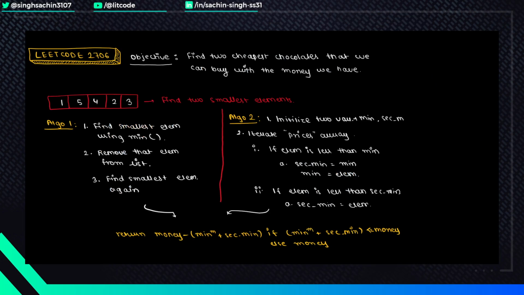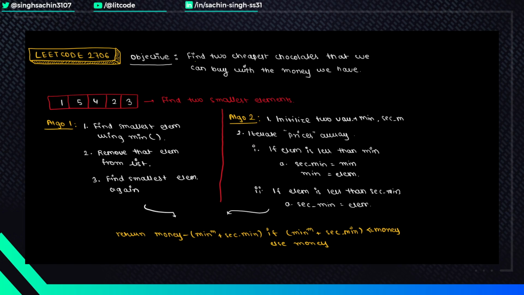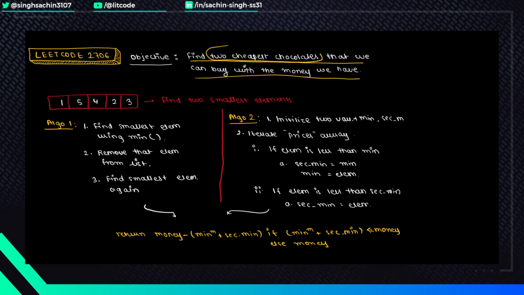Before going to the approaches, let's simplify the approach which we can use. Can we say that we have to basically find two cheapest chocolates that we can buy with the money we have? The keywords will be two cheapest chocolates and within the money we have.